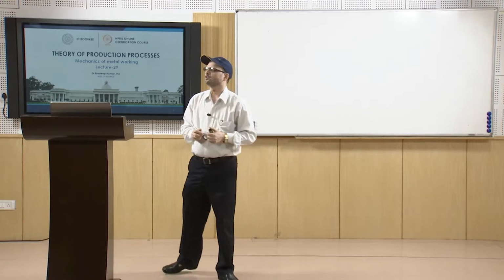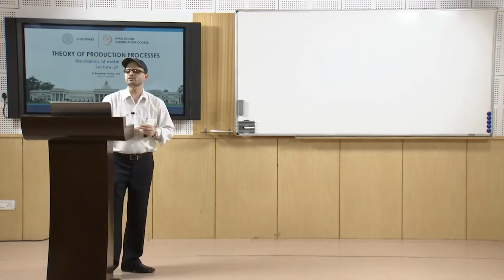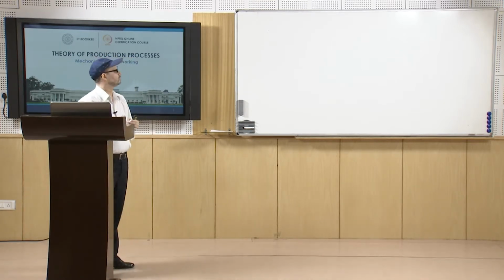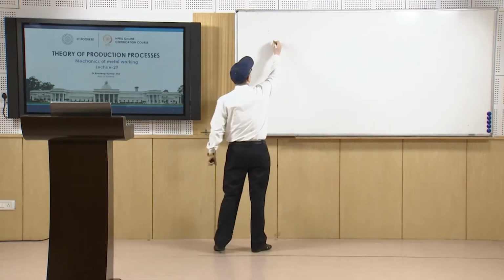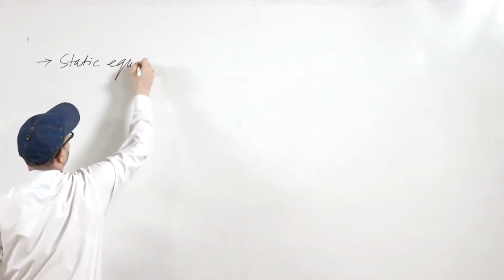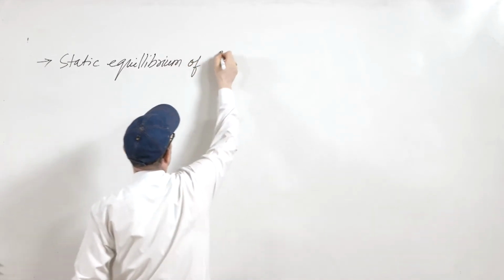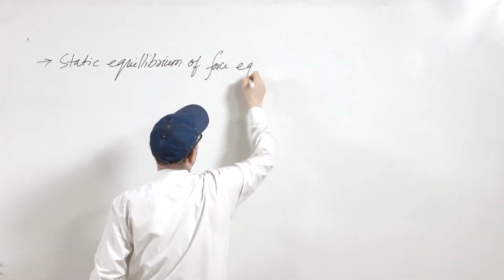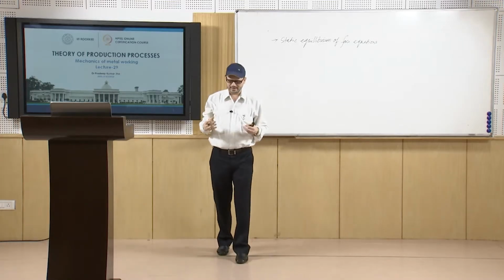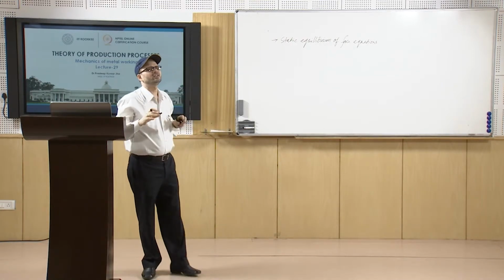So the theory consists of 3 sets of equations. The first is static equilibrium of force. Whenever we analyze any metalworking process, we focus on these aspects.